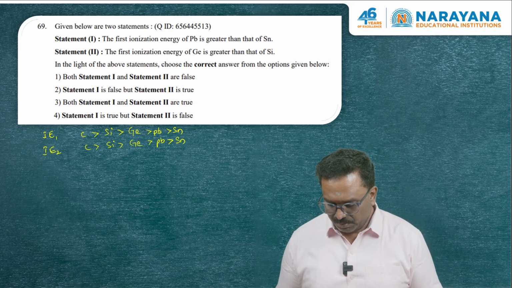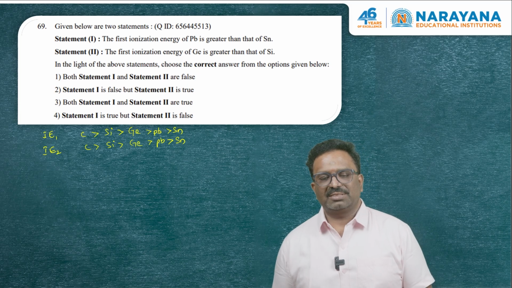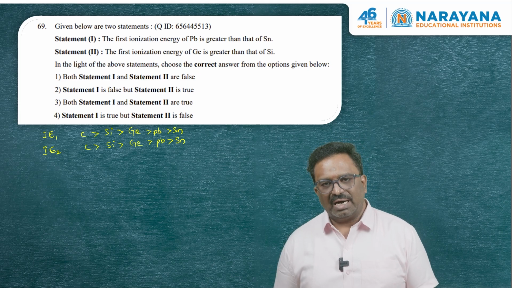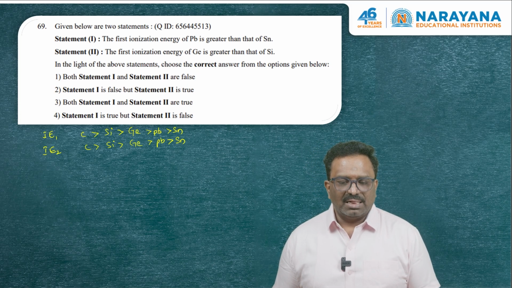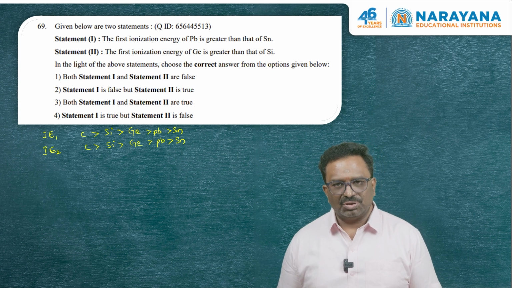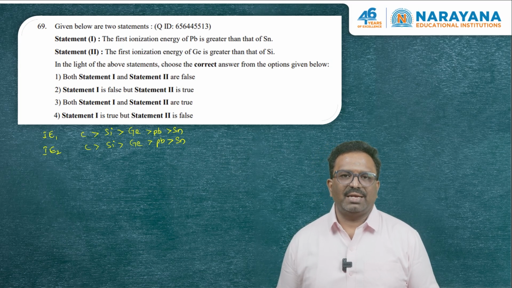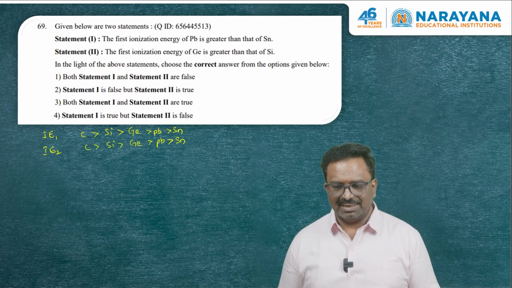Lead has poor shielding effect of inner 4f orbitals. Lead comes after lanthanides, so lanthanide contraction consequences are observed in case of the lead. The nuclear charge is more over the valence shell here, which is reflected in ionization enthalpy of the lead.